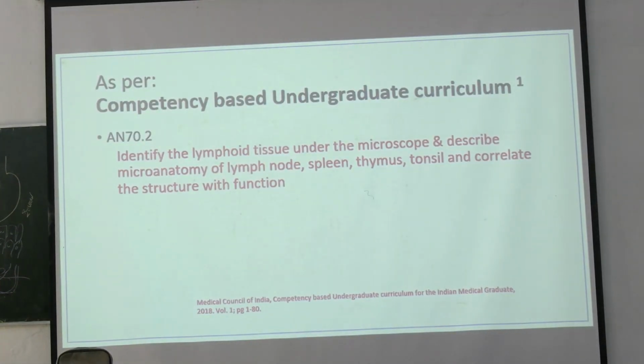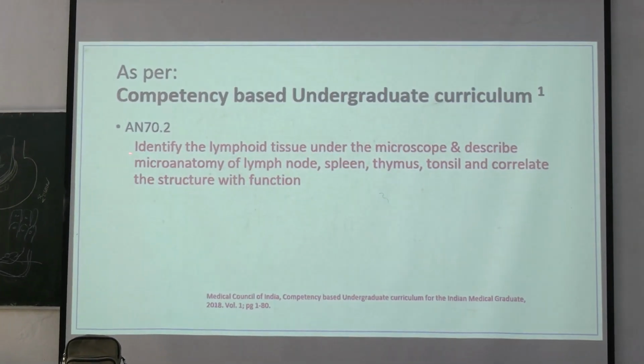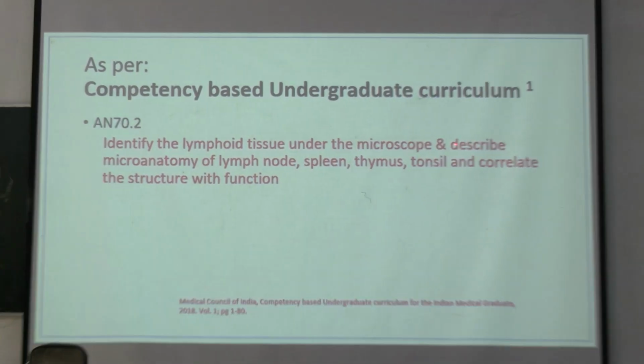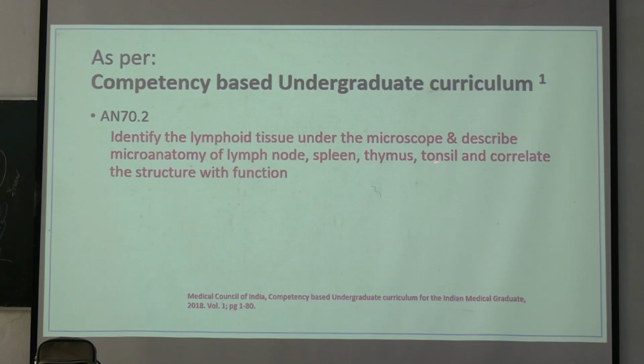Now these are the things in the competency-based undergraduate curriculum. I have to identify lymphoid tissue under the microscope, describe the microanatomy of the lymph node, spleen, thymus, tonsils, and correlate the structures with function.